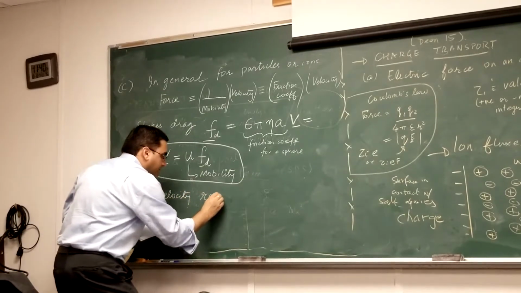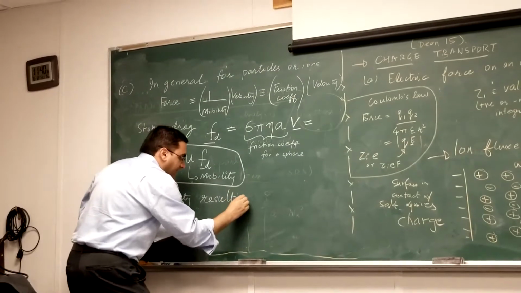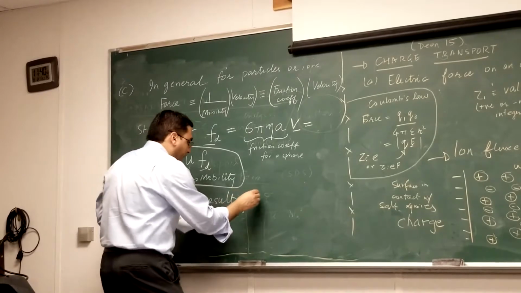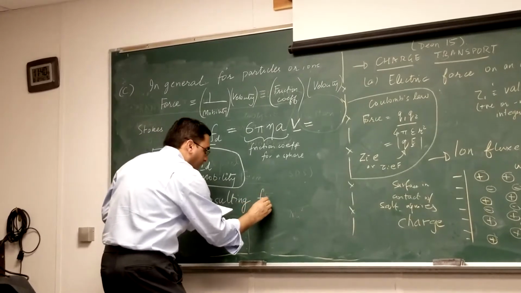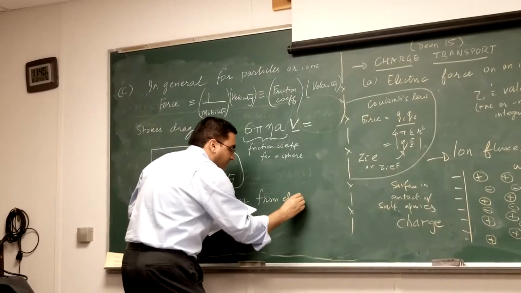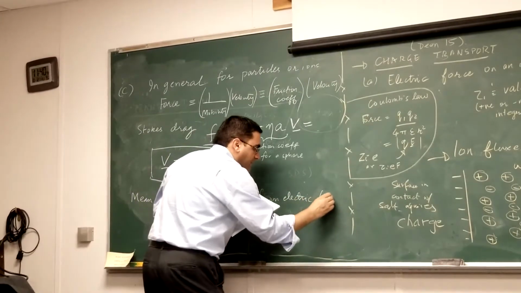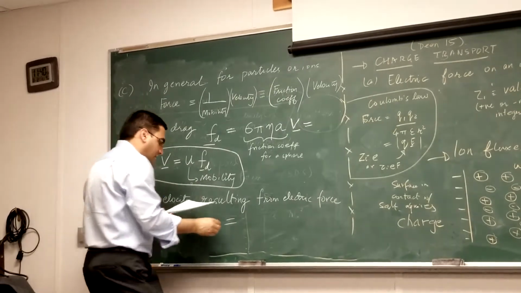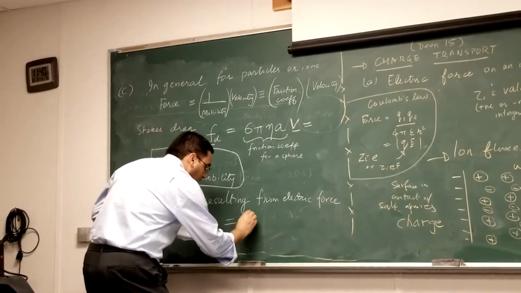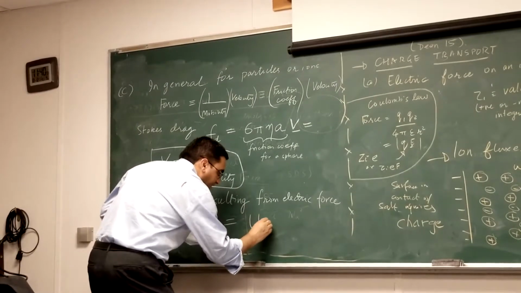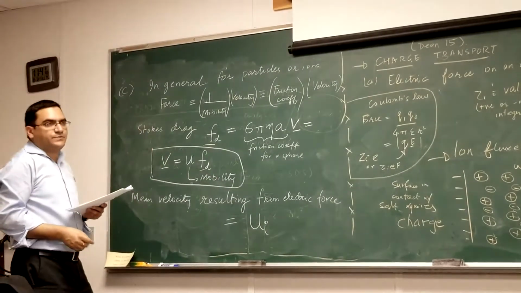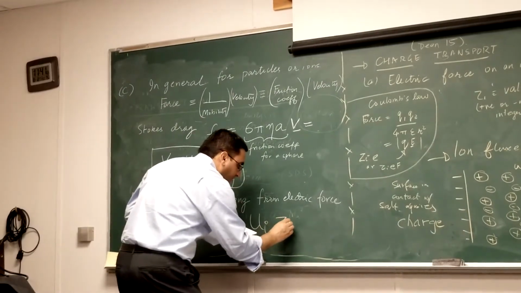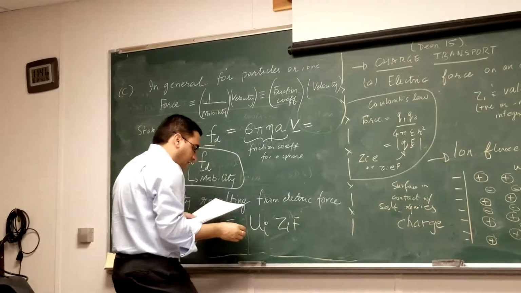Each ion might have a slightly higher or slightly lower velocity, and also it will have Brownian motion, but the mean velocity resulting from electric force is going to be, I just need to multiply with mobility. And if I have many ionic species, so mobility for species i multiplied with charge for species i, z_i F, multiplied with electric field.